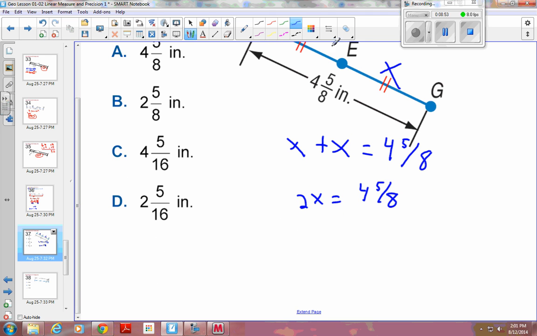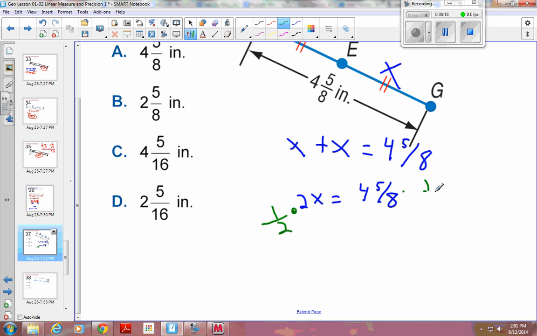To get x by itself, you need to divide by 2. It might be easier when you're thinking about fractions. Dividing by 2 is the same thing as multiplying by 1/2. And usually that's easier to deal with fractions when you think of it that way.